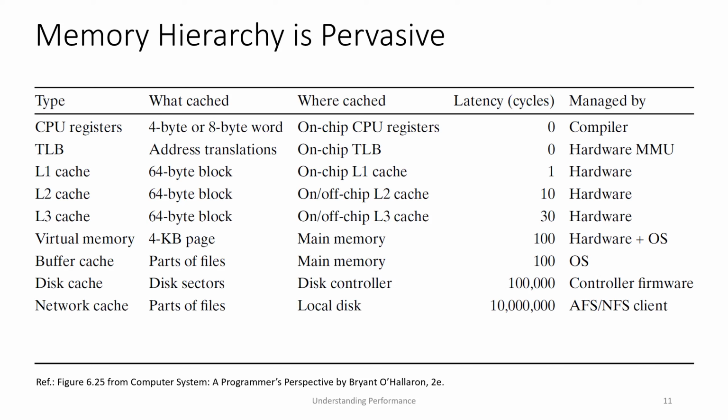Then on the network, we have what's called network cache, wherein parts of files are stored, which will be re-referenced, right? And then in our own browser, we have browser cache, right? A few frequently visited web pages will be stored, and their landing pages will be stored in the local copy, right?